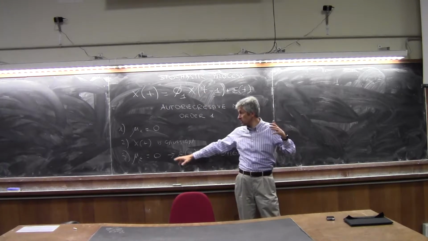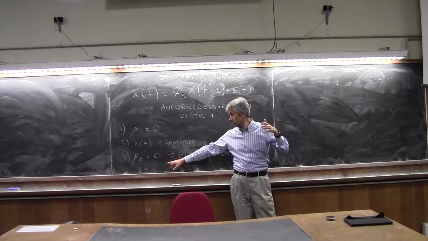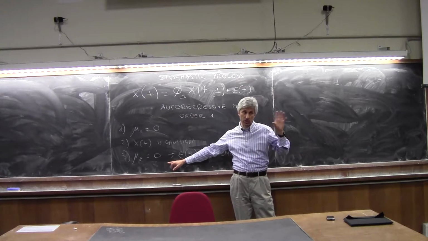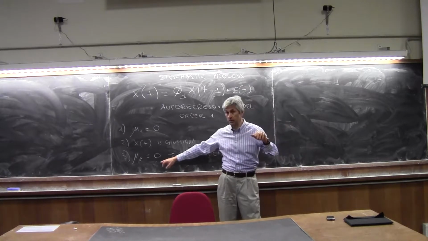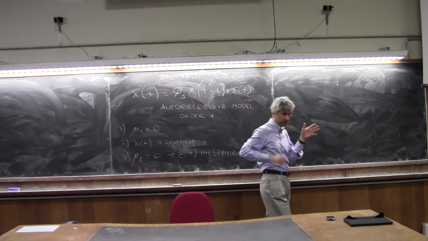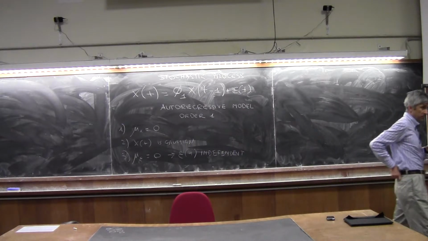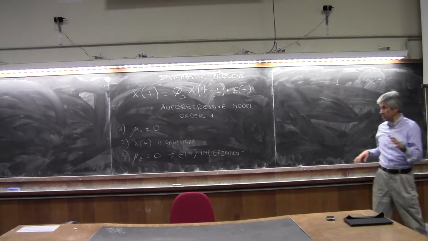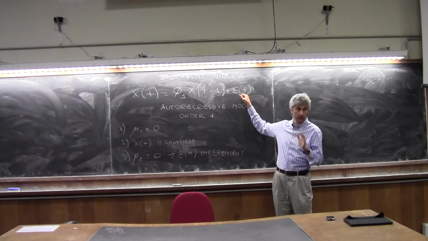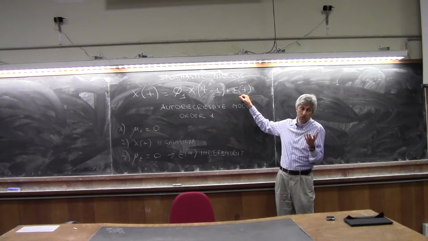And then I said that given that the mean of x is equal to 0, also another requirement, I'm not sure I mentioned it, is that epsilon has a mean value of 0. So not only absence of dependence, but also the mean value of epsilon should be 0. And this is because, it's intuitive.